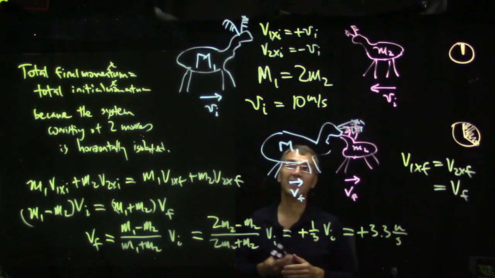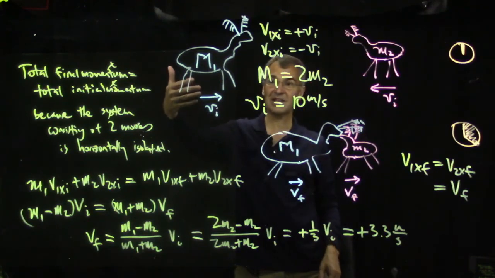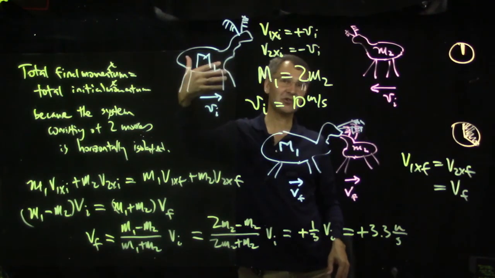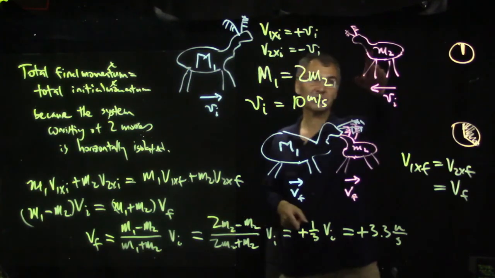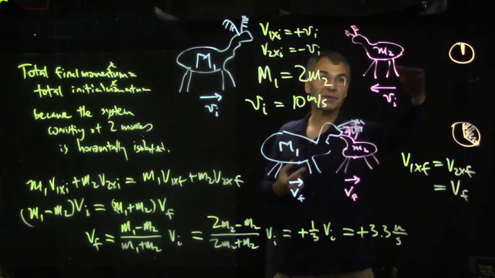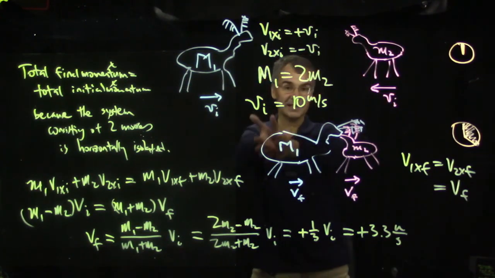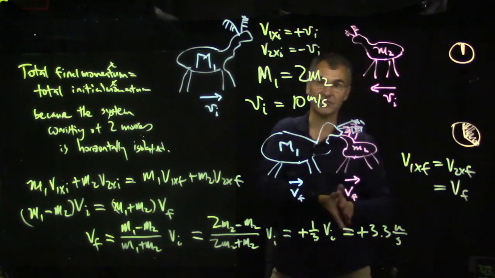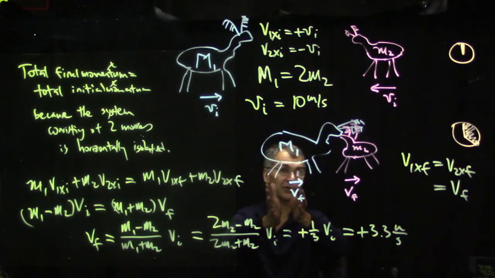So you say, okay, you have a big moose, 2 units of mass, moving to the right at speed v. You have a little moose, 1 unit of mass, moving to the left at speed v. They collide, their antlers lock, now they slide together on the icy tundra. The total momentum afterward is the same as the total momentum before.